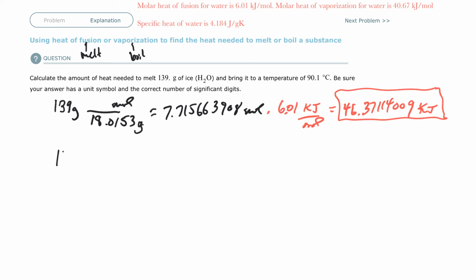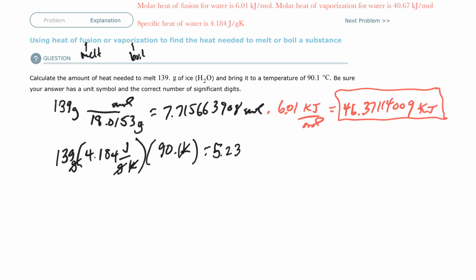So it's going to be 139 grams times the specific heat of water, 4.184 joules per gram per Kelvin, so grams will cancel, and then we're going up 90.1 Kelvin. Kelvins will cancel, so your answer should be in joules. That's going to be a lot of joules: 5.23999 times 10 to the 4 joules.